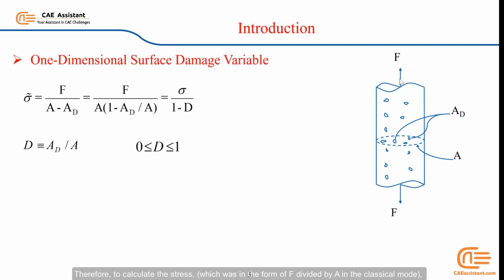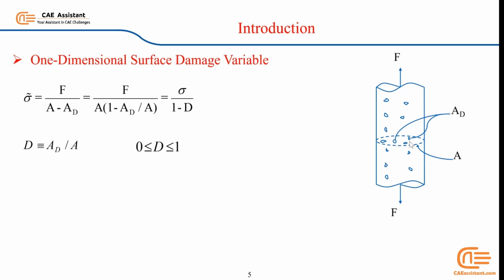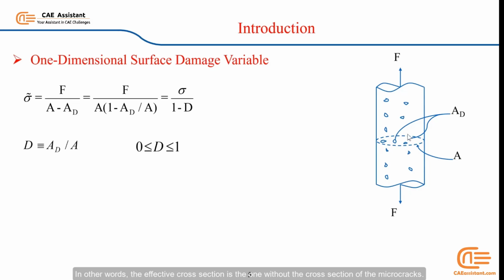Therefore, to calculate the stress, which was in the form of F divided by A in the classical mode, here we calculate the effective stress. It is denoted by tilde sigma, and the effective cross-section will be A minus AD. In other words, the effective cross-section is the one without the cross-section of the microcracks.